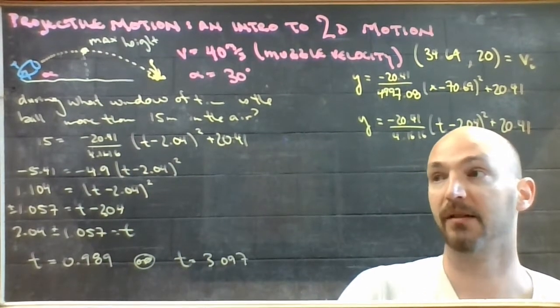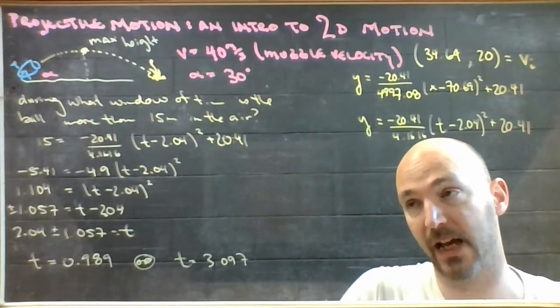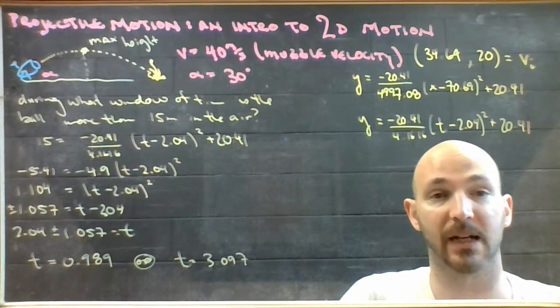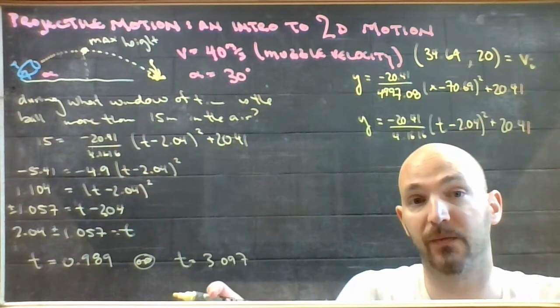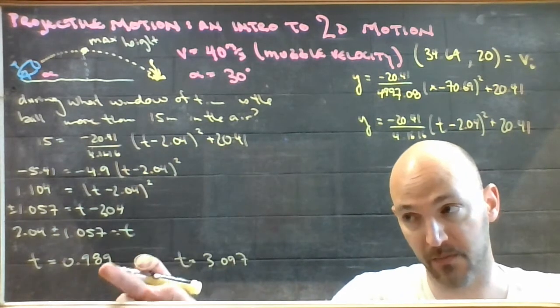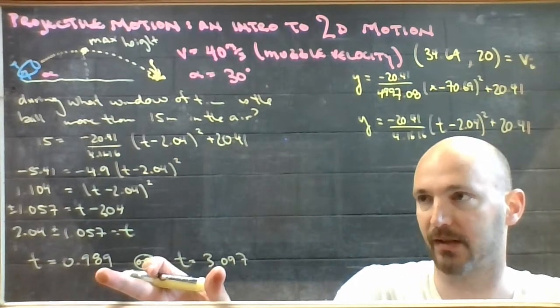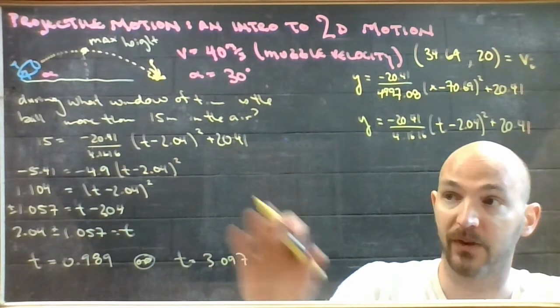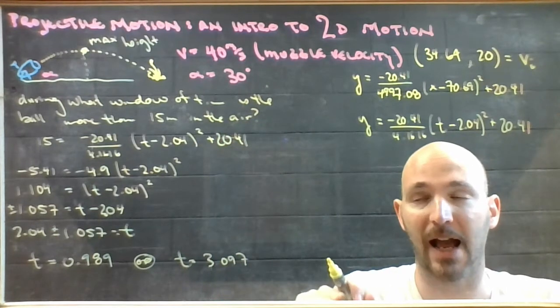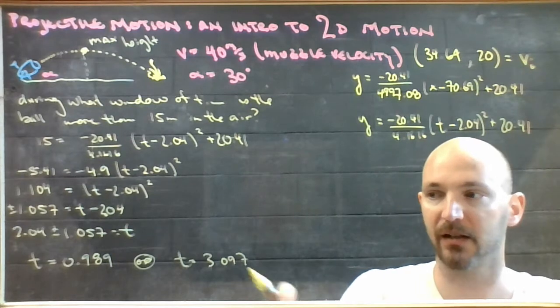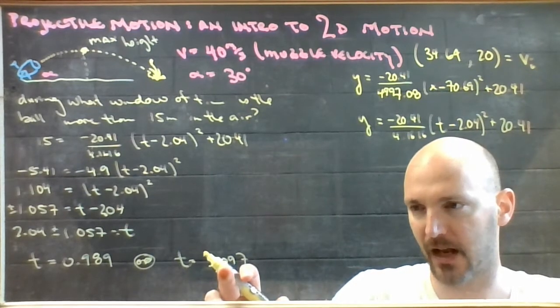Right. So if the question is phrased that way, during what window of time is the ball more than 15 meters in the air, then the ball is more than 15 meters in the air between 0.989 seconds into flight and 3.097 seconds into flight. If the question had asked you how long is the ball more than 15 meters in the air, well, that's when it stops being that high.